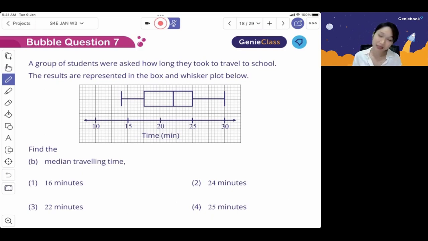So where is the median in a box and whisker plot? Identify the correct line and then look at the corresponding value on your number line.